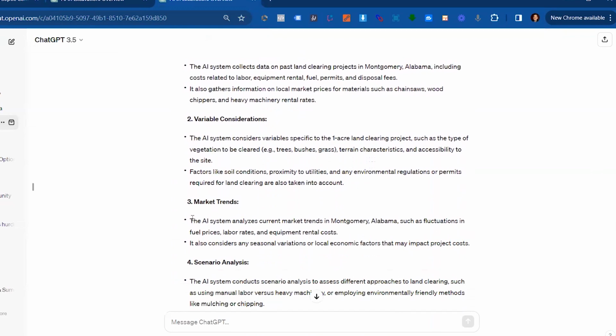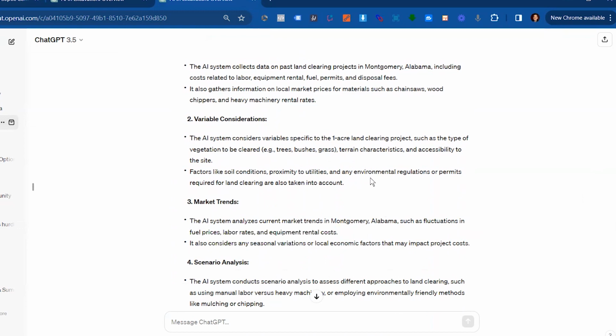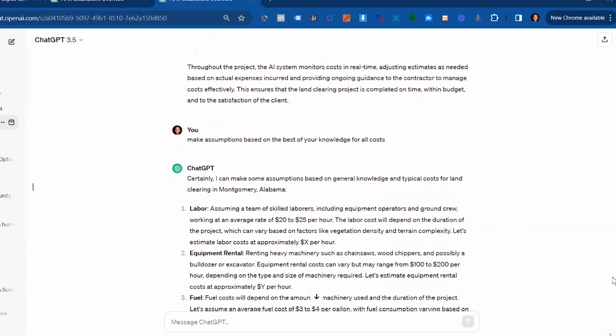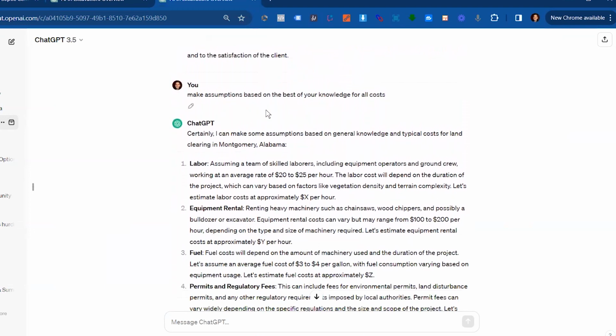So it's bringing to our attention fuel prices, labor rates, equipment rental costs, factors like soil conditions, proximity to utilities, environmental regulations or permits. This is starting to get a little better. And then it gives us an example cost estimate right here, okay? And if we keep going down, I tell it, well, make assumptions based on the best of your knowledge for all costs, just to see what can it actually do. And so it is actually pulling some numbers here.